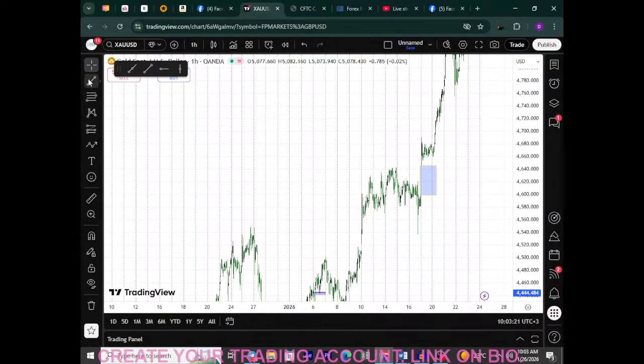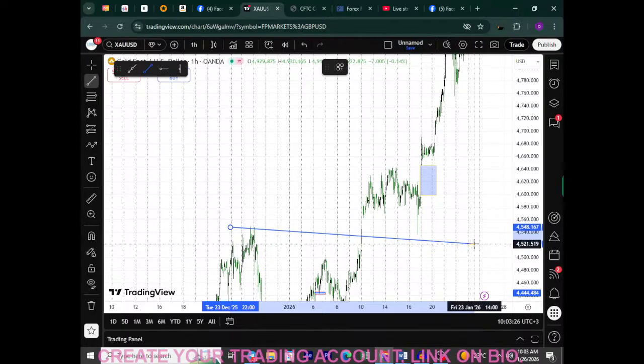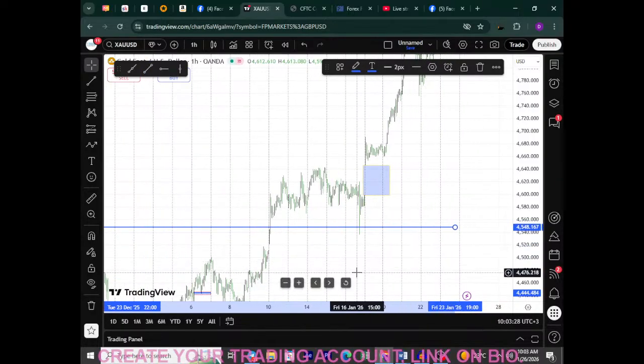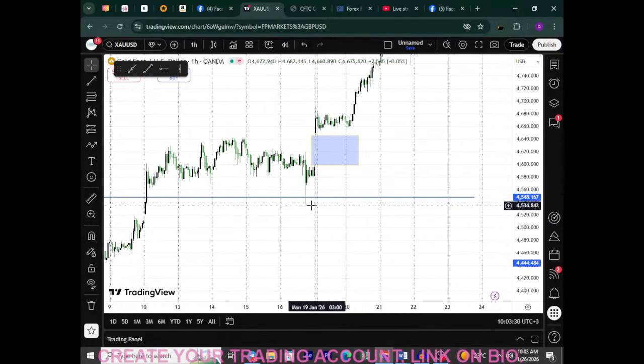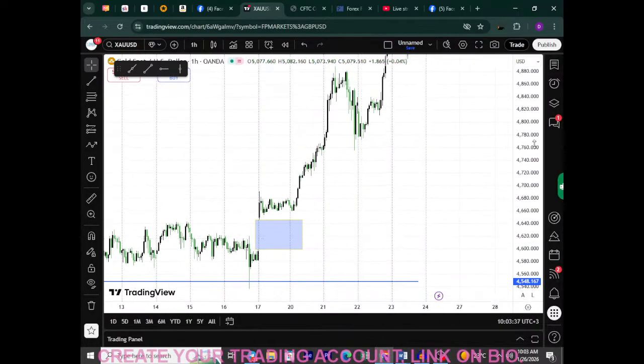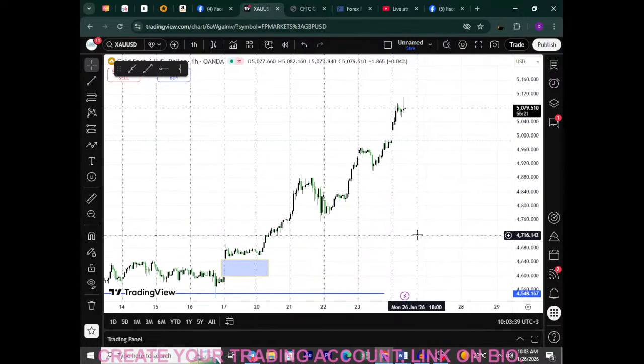Sometimes some of the emotions I face is a lot of regret, especially when I imagine we did this analysis with you, but because I had not set an alert. Imagine if I had set an alert on gold. How many pips are these?